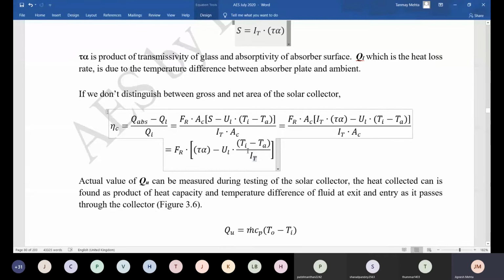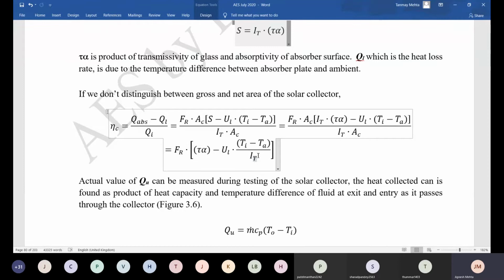And what is C or intercept? C or intercept is FR into tau into alpha. And what is X? X is TI minus TA upon IT. So when the graph of efficiency is plotted versus TI minus TA upon IT, TI minus TA can also be written as delta T. That is the temperature potential for heat loss, and IT, right?